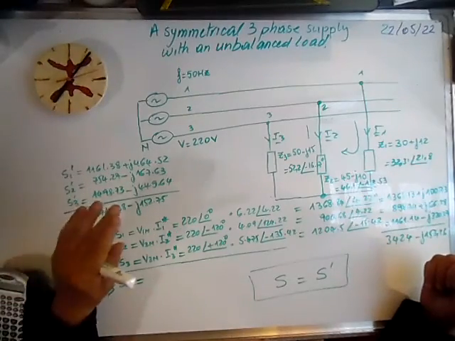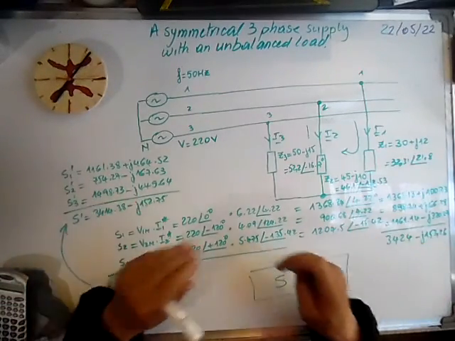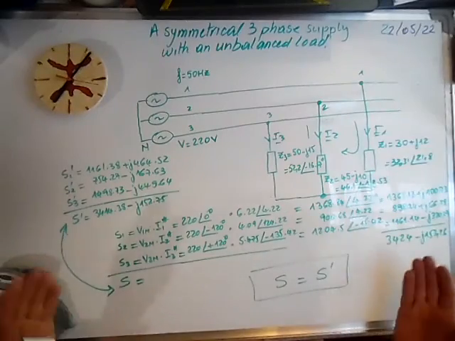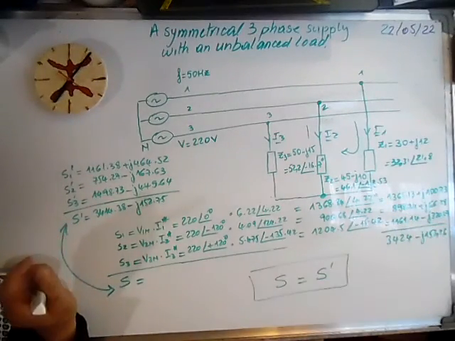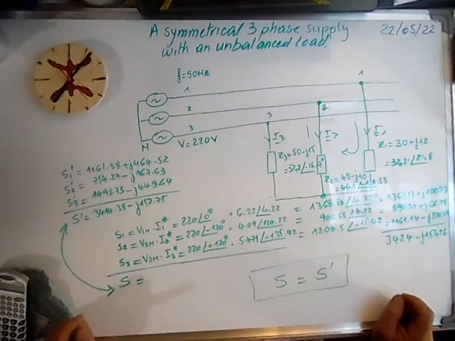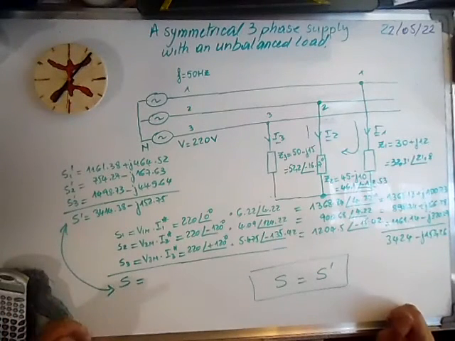If the neutrals were connected together, the powers in these phases would be the same. Okay? I think I finished. I calculated everything. I hope that you understood. The method is not complicated.